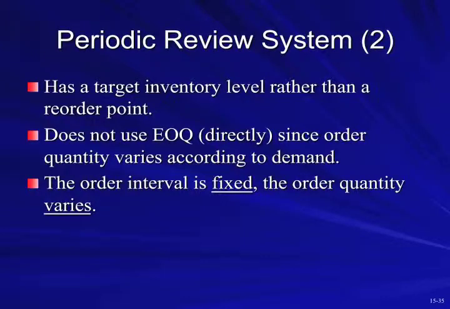Periodic review system usually has a target inventory level rather than a reorder point. It basically says you always want to maintain so much inventory. It does not use EOQ directly, and the order interval is usually fixed, but the quantity will vary.